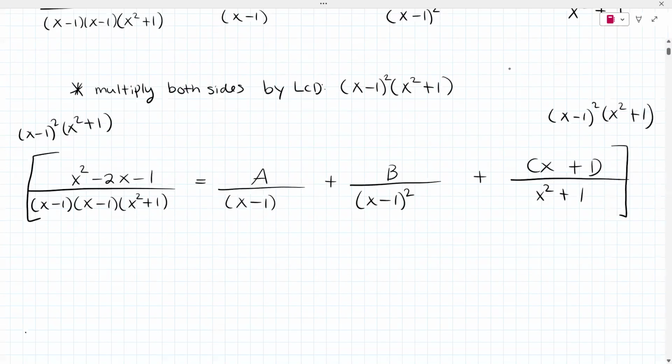Okay, the left side, everything cancels. You're left with x squared minus 2x minus 1. The other side, let's see. So I'm going to multiply everything. Here, the x minus 1 cancels, so you're just left with A, and still an extra x minus 1.